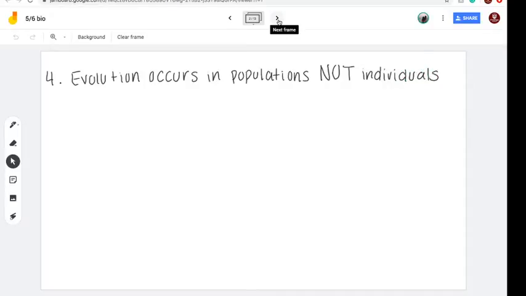So a single giraffe did not develop a long neck because it needed it. Instead, short-necked giraffes could not compete in a competitive environment and they died out. And that's how only long-necked giraffes survived. So evolution does not occur really quickly in one individual. Instead, it occurs as a population.